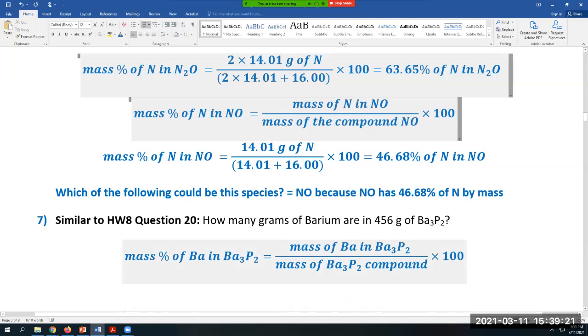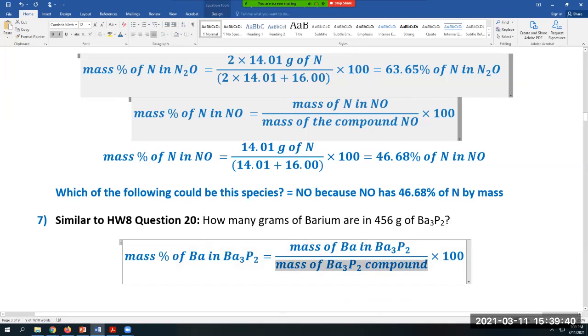Because it's the percent by mass of barium, you take the mass of barium in this compound. So that means you will multiply the molar mass of barium by 3, because there are 3 bariums per formula, over the molar mass of the compound, because it's always for 1 mole of the compound. So we'll take the molar mass of the compound on the bottom.